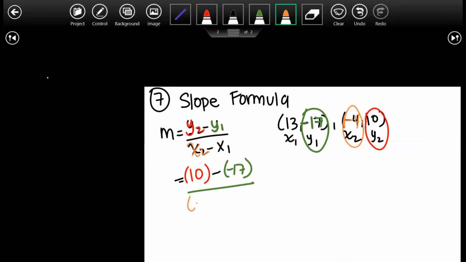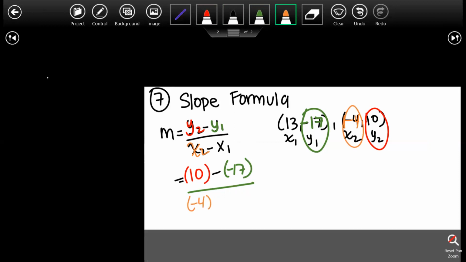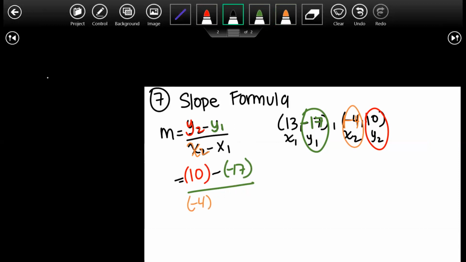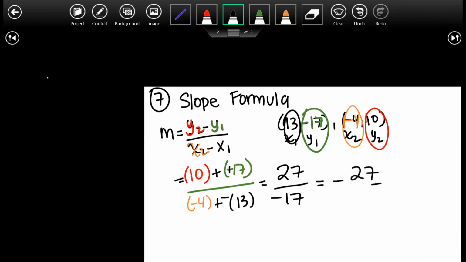So we're going to do -4 minus x1, which is going to be 13. Solve this one out. Keep, change, flip. That gives us 27. Bottom side is going to keep, change, flip. -17. So your answer will be -27 over 17.